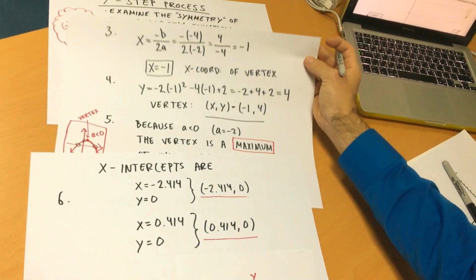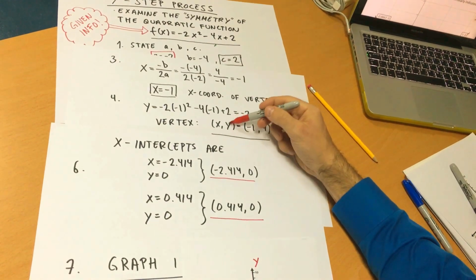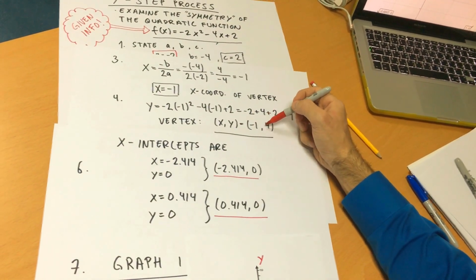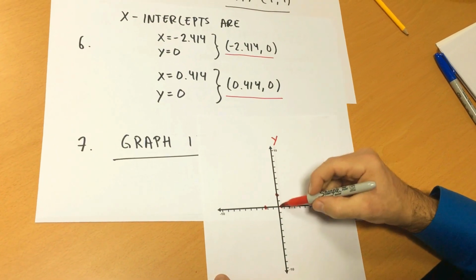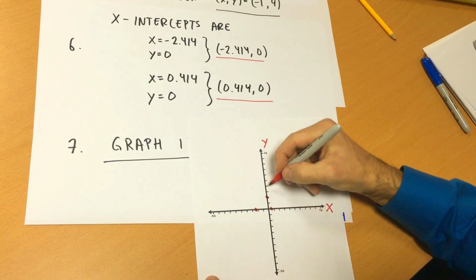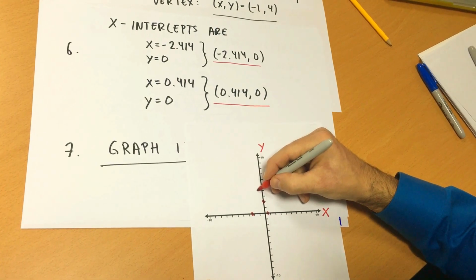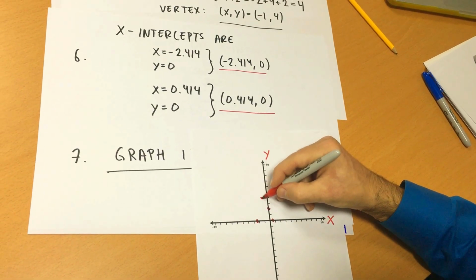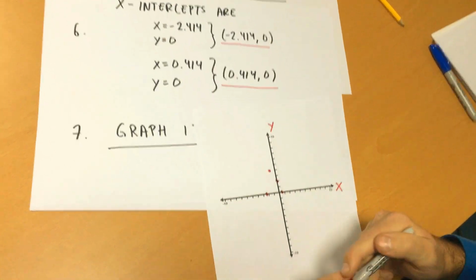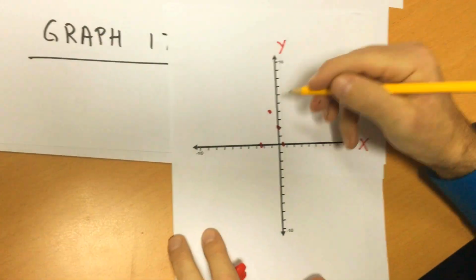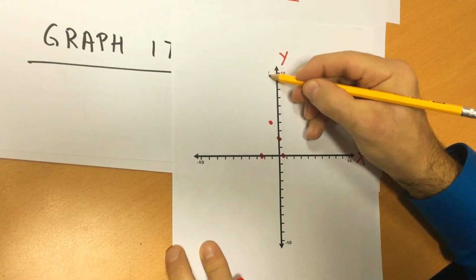Let's see what we can do more. The vertex is at negative 1, 4. So x is equal to negative 1 and y is equal to 4. So 1, 2, 3, 4 up here, and negative 1. So that's here somewhere. Because it's the vertex, I know that my axis of symmetry is going to go through this point.